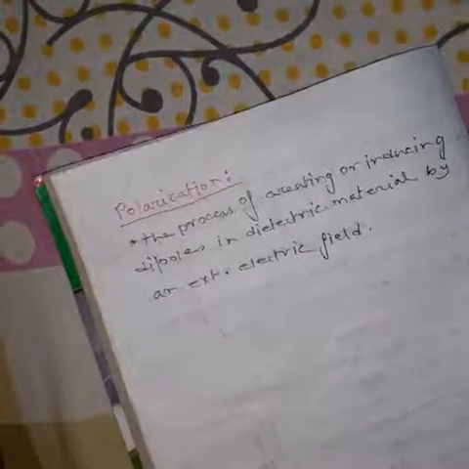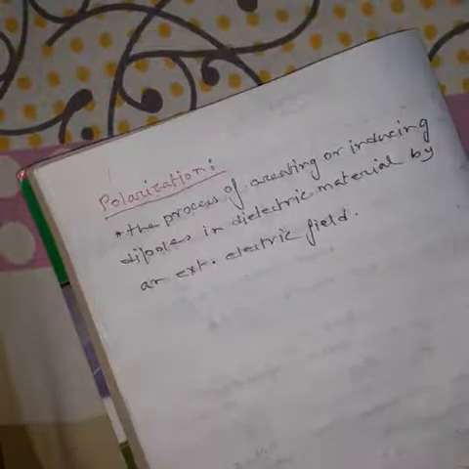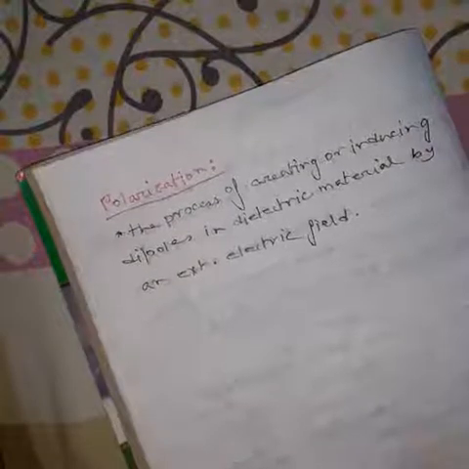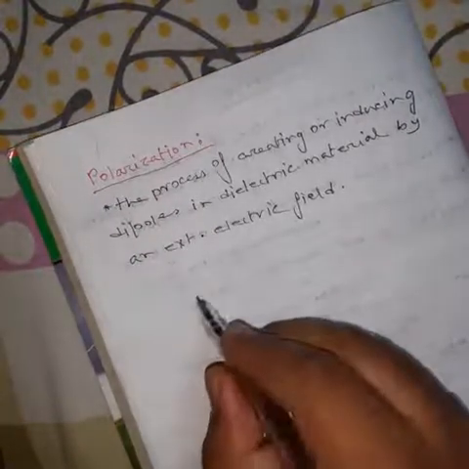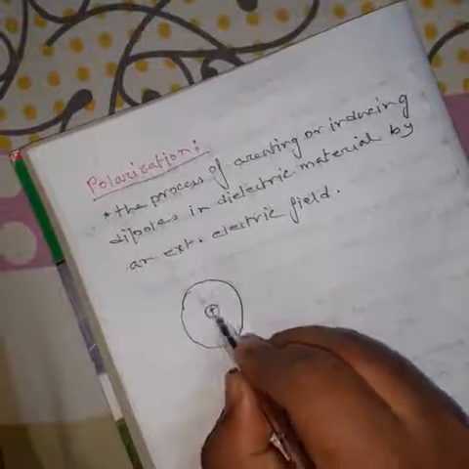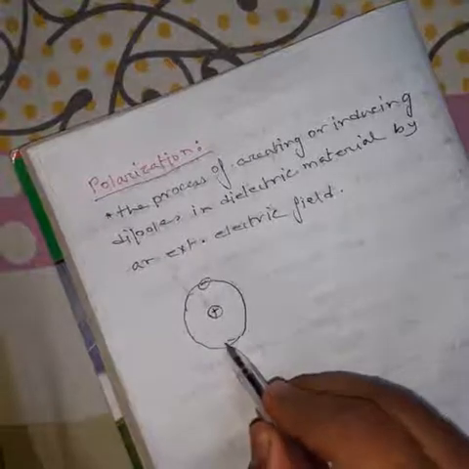What do we mean by that? We can have some material, where generally at the center we have a nucleus which is positively charged and electrons are orbiting around it.